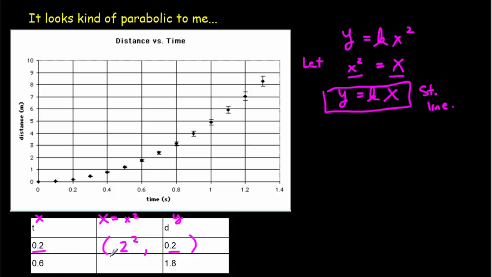Or the point 0.6, 1.8, it would get transformed to the point 0.6 squared, whatever that works out to be, and 1.8. And if you plot all those points, and this really is a quadratic relationship, you should get a straight line.